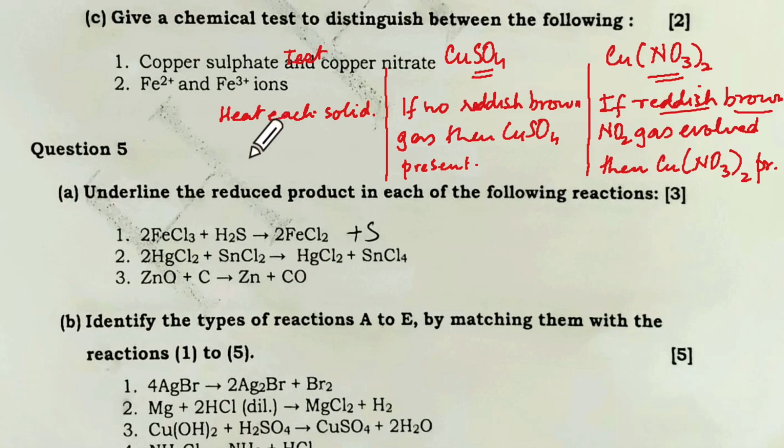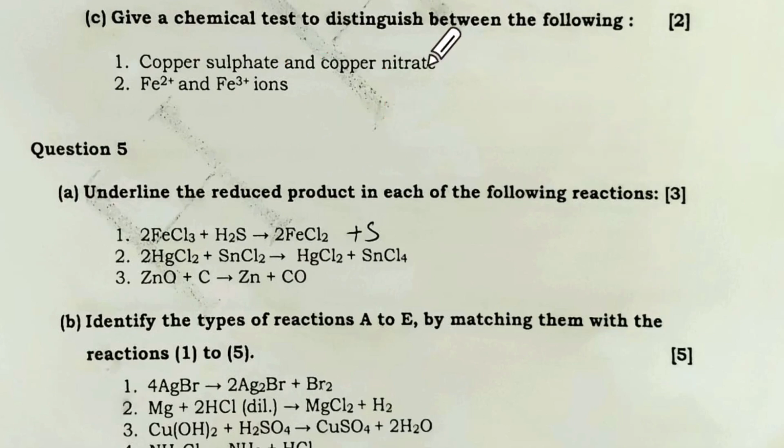So this was the first one. Now I'll tell you about Fe2+ and Fe3+. Now these ions, here you have the types of reactions. You know precipitation reaction? Which chapter is that?